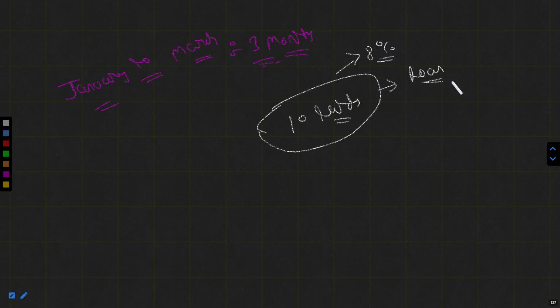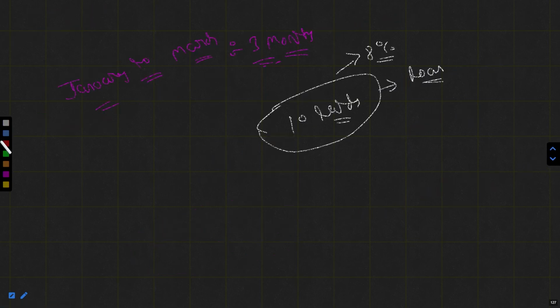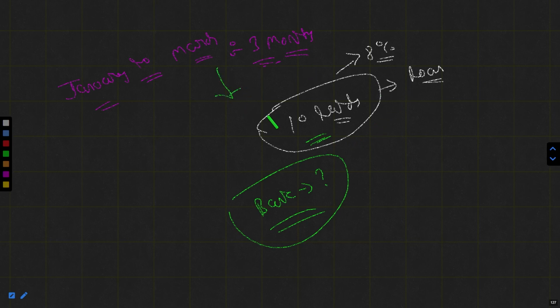But in the meanwhile, between January and March, some depositors who had deposited their money with XYZ visited the bank to withdraw their money. Now, will the bank be able to repay the amount? No. Why? Because they had lent out the entire amount as a loan, and they will receive it only after 3 months.